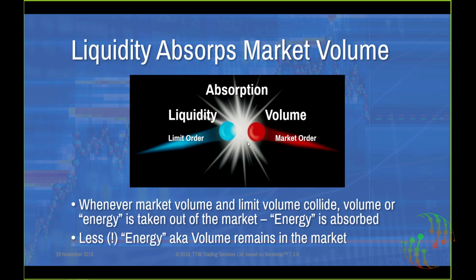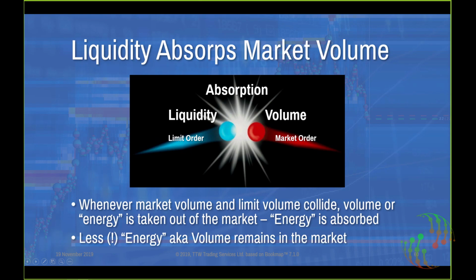When volume disappears out of the market because volume hits liquidity, and liquidity sits there on the limit side of the book and consumes every part of the volume, then the idea behind is that there's less volume in the market at that moment, and it means in normal times, in normal trading, there is less energy to move the price up or to bring the price down.